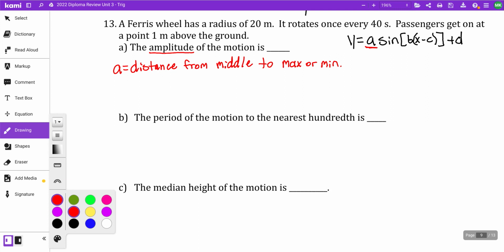It's telling you the distance from the middle to the top or the bottom. In this case, you're talking about the middle of the Ferris wheel to the top, or the middle of the Ferris wheel to the bottom. They told you the Ferris wheel had a radius of 20. Radius is the distance from the middle of your Ferris wheel to the outer edge, but you can imagine middle to top. So your A value is 20.